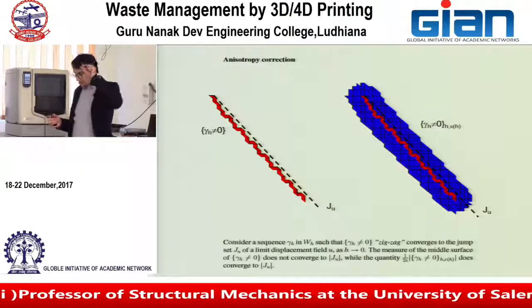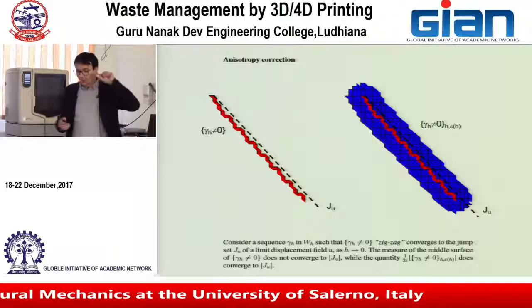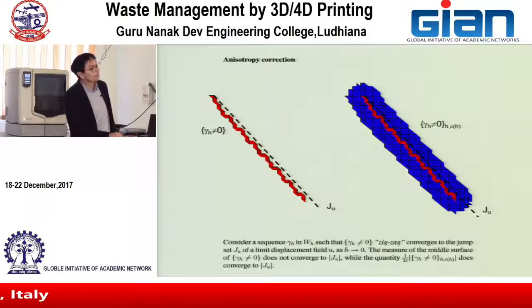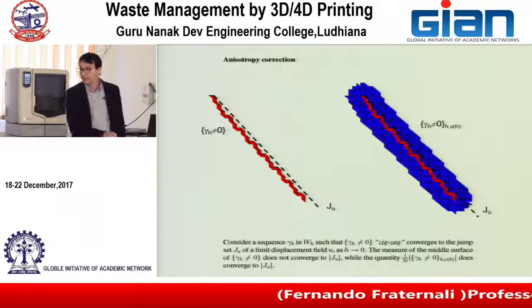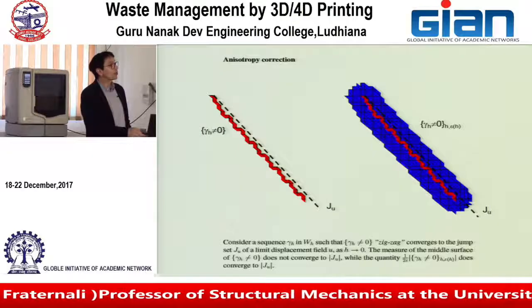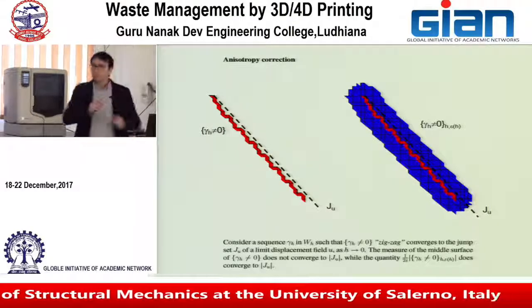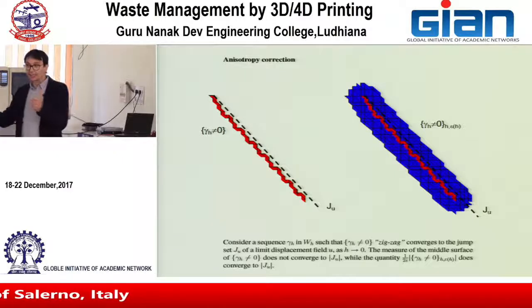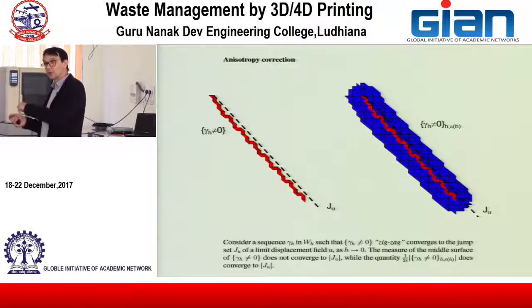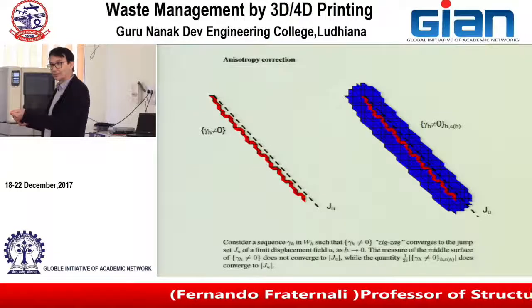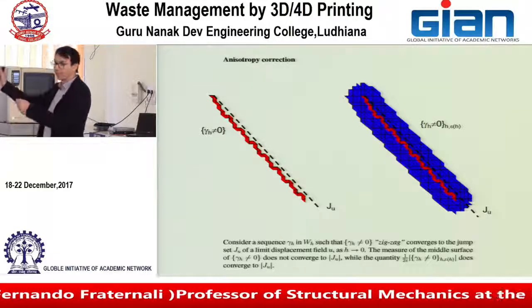So this is a simple test. You want to kill an extra element here to see if the crack propagates or not. You have to compute the energy this way. You remove that element. When you remove that element, you obtain a new solution from the finite element code and a new elastic energy.